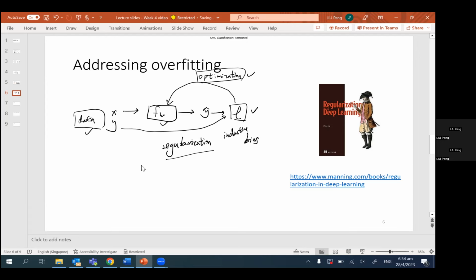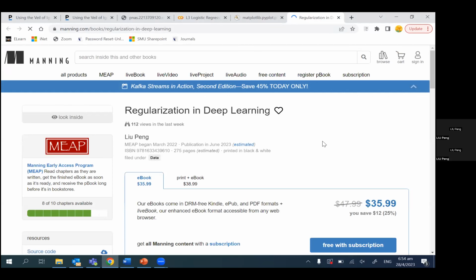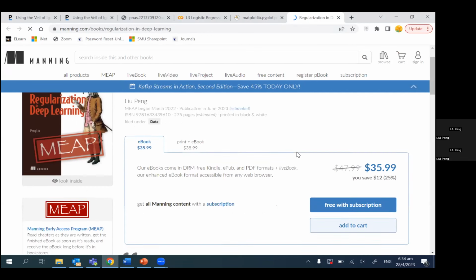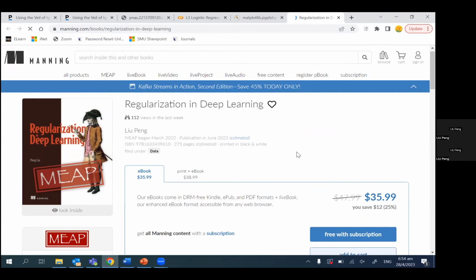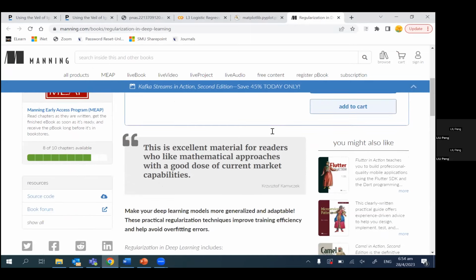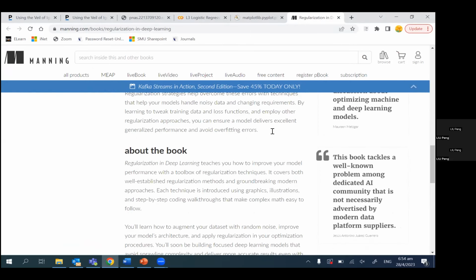I'm not going to go deep, but I have a book that talks explicitly about how this can be done. I'm just going to talk a bit about the general approach that can be done for deep learning models. This is the book I'm still in the process of pushing to production. It's called Regularization, Deep Learning, and let's just go through the contents.